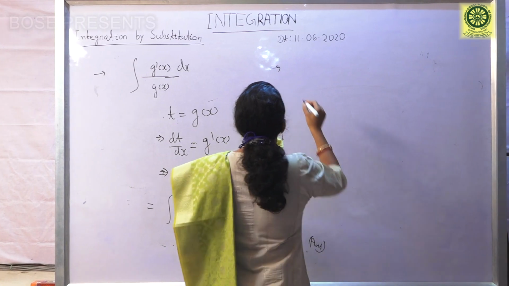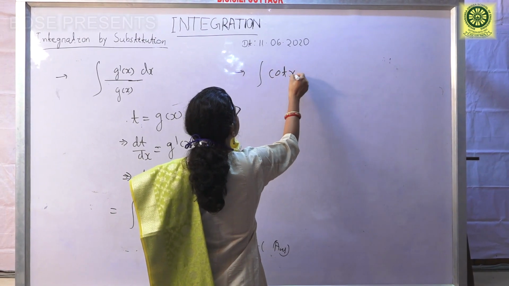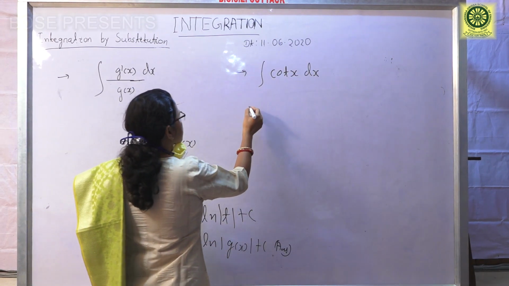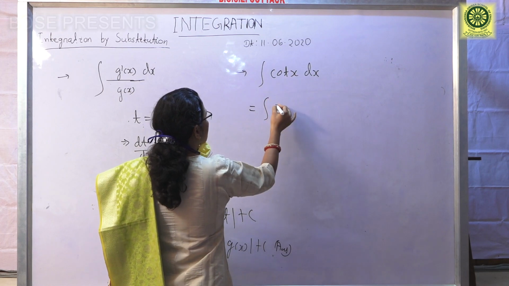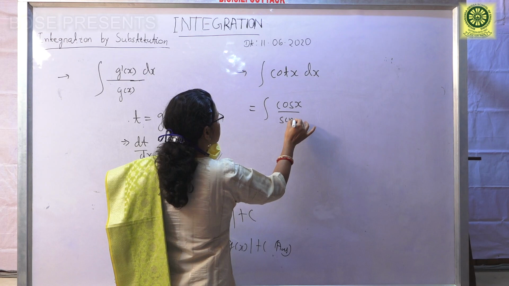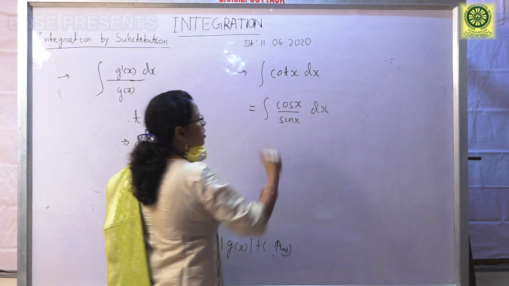In this form, suppose you have to integrate cot x with respect to x. This is very important. Just write this cot x as cos x by sin x. This is a rational function with respect to x.